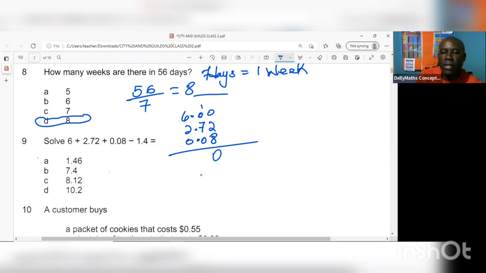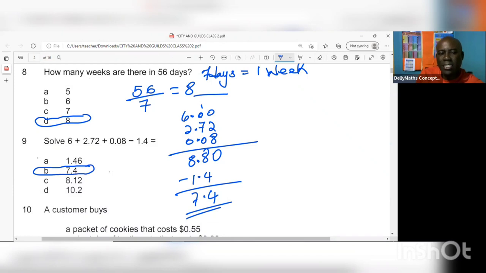Adding up the 6, 7.2 and 0.8, we'll get 8.8. Subtracting 1.4, this is going to give us 7.4. So 7.4, we're subtracting, not adding.